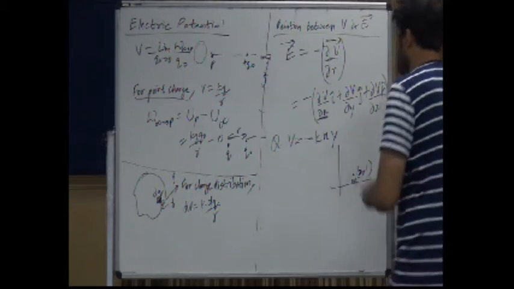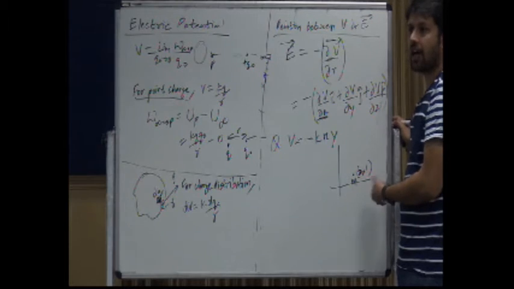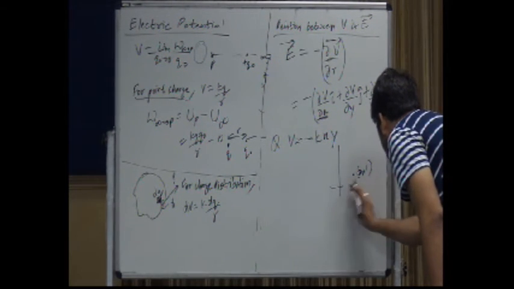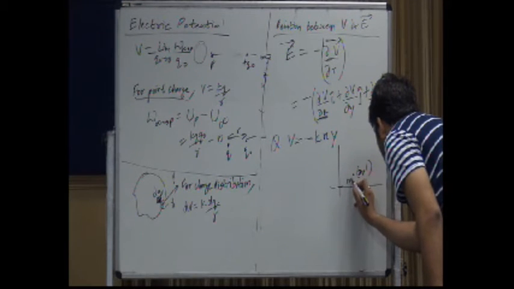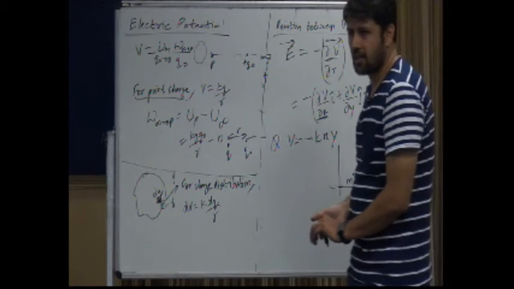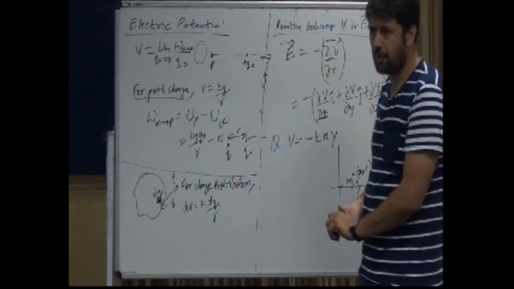Because potential exists like this, electric field would exist, and because of electric field the charge would accelerate. The particle has mass m and charge q, and is placed at the point (2, 1).